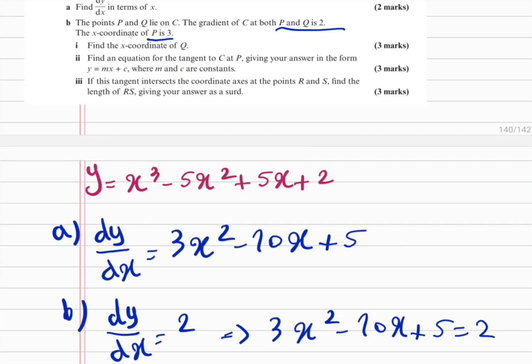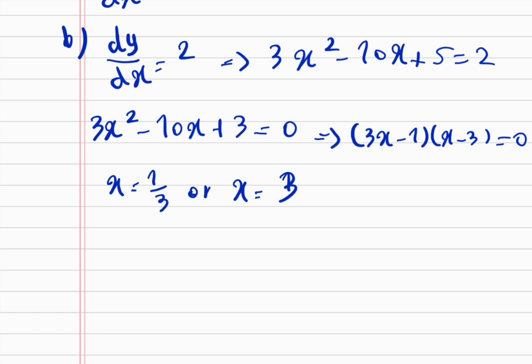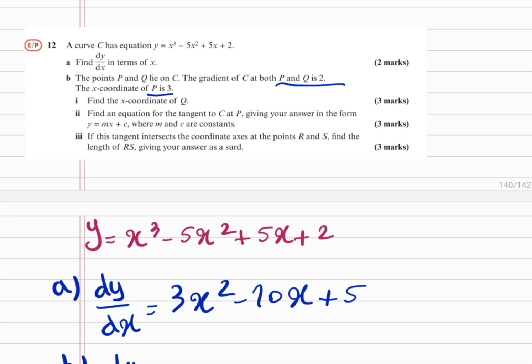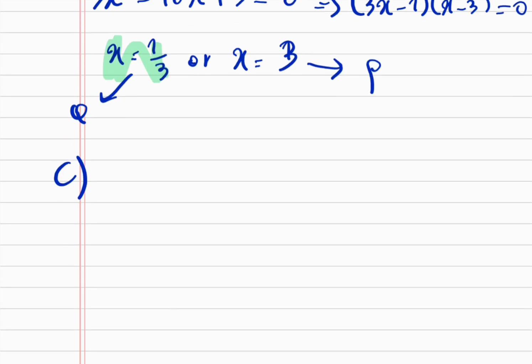And they have told us that the x coordinate of P is 3, which we also got. So this is the x coordinate of P, and this is the x coordinate of Q. So that's a third, and that's the answer to part B, actually it was part B i.